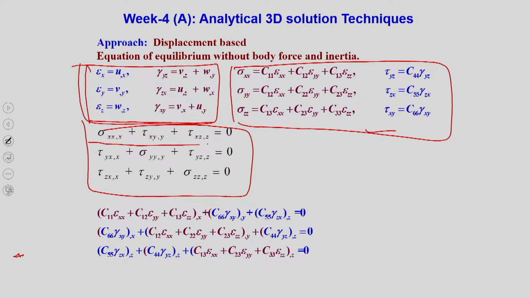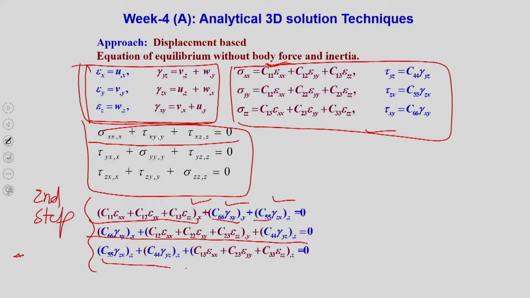Now, you see that in this equation of motion, you replace the stresses with constitutive relations: sigma xx, you take the derivative with respect to x, tau xy derivative with respect to y, tau xz derivative with respect to z. So, this is the second step. You will get 3 equations of motion in terms of epsilon xx, epsilon yy, epsilon zz.